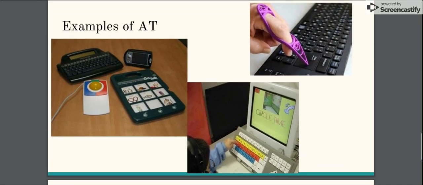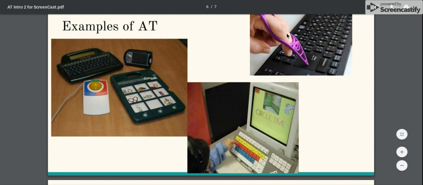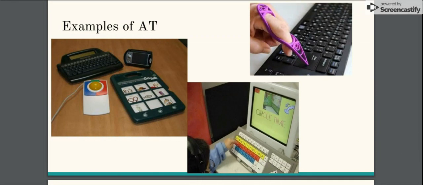Here are some examples of AT. And AT, if you refer back to the definition, doesn't even necessarily have to have anything to do with technology, at least technology as most of us think of it. So here, if you see this example, this little pointer thing, that is really not technology at all. And this key, now these other pieces I think people would consider technology, but they're not necessarily the most cutting edge pieces of technology.